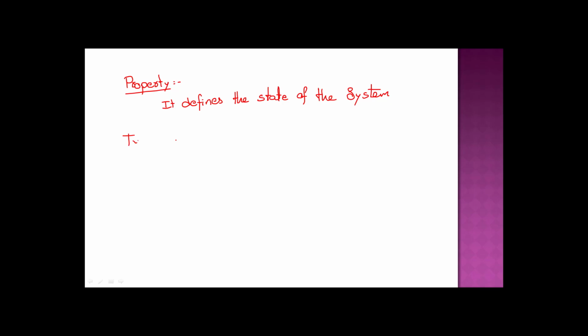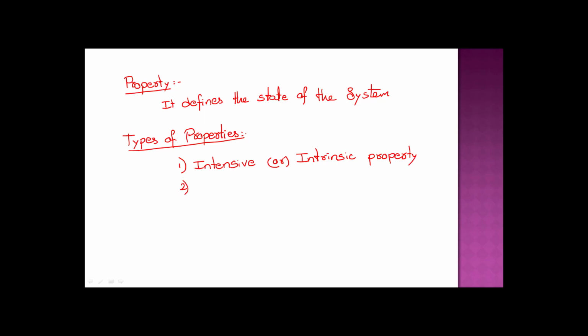When it comes to types of properties, there are two different types. The first one is the intensive or intrinsic property, and the second one is the extensive or extrinsic property.